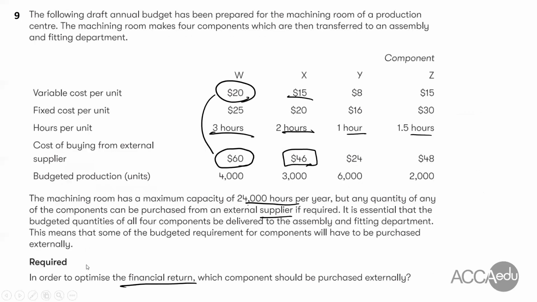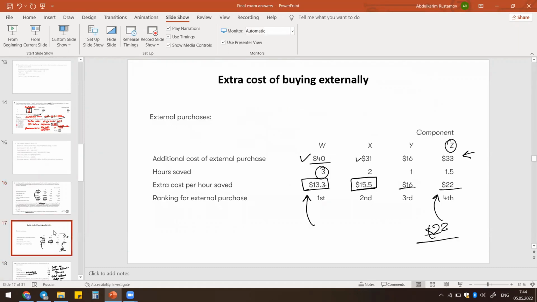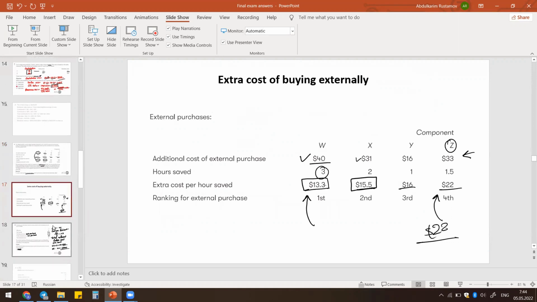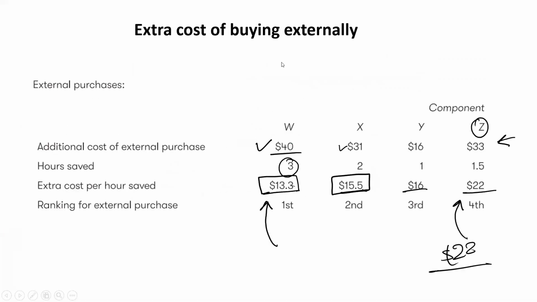So that means, in order to optimize financial return, which component should be purchased externally? It's easy now.